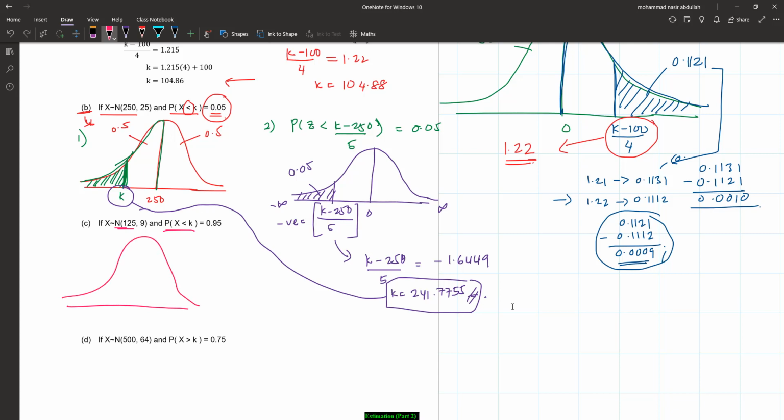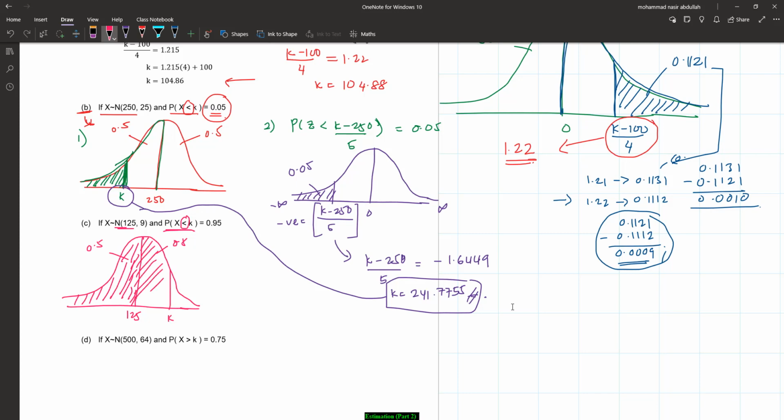So we know the characteristic of the normal distribution, this is 125. This area to the left is 0.5. Less than K means the left region. So 95% means here it already covers the whole 50%. Another 45% should be somewhere here. So this is the value of K.